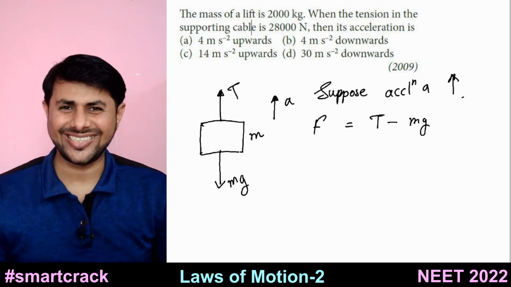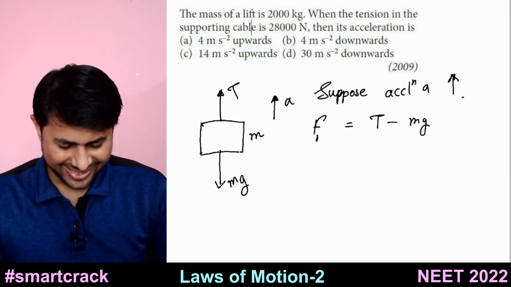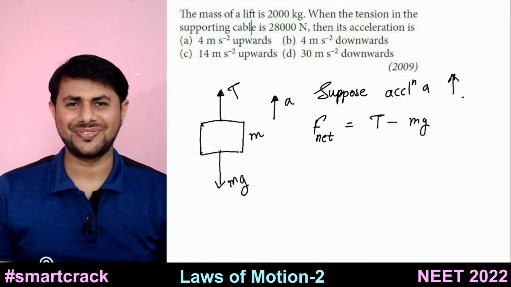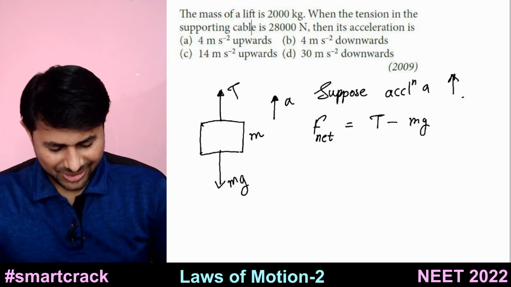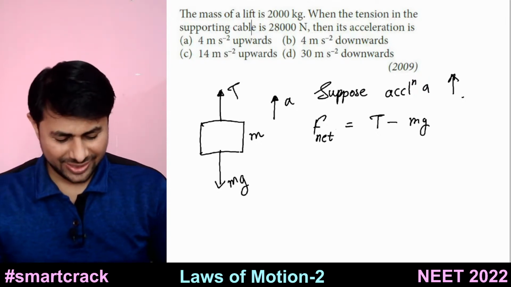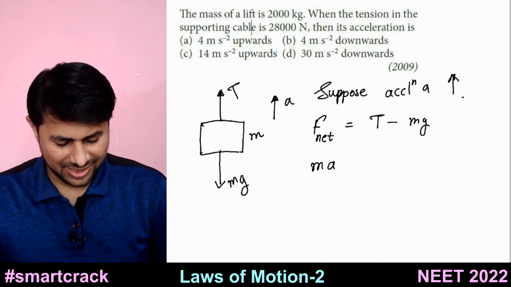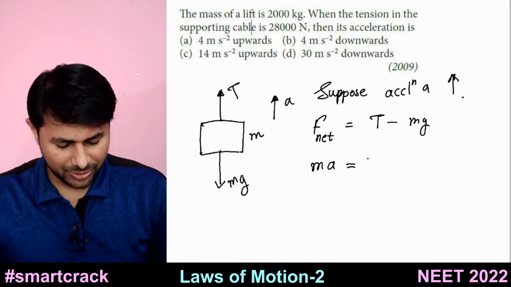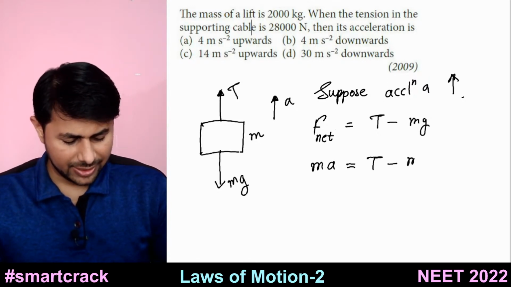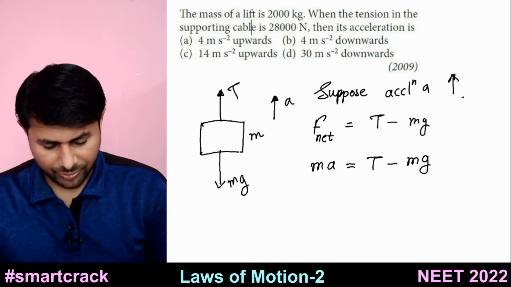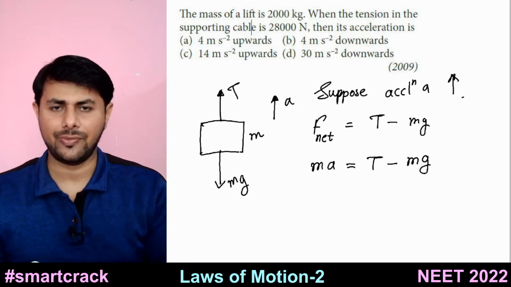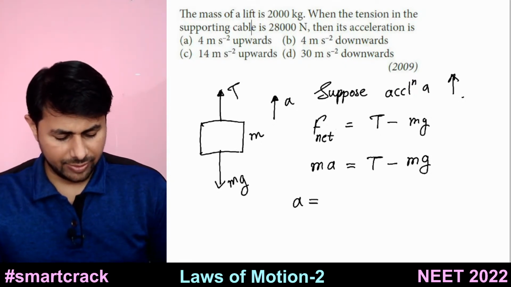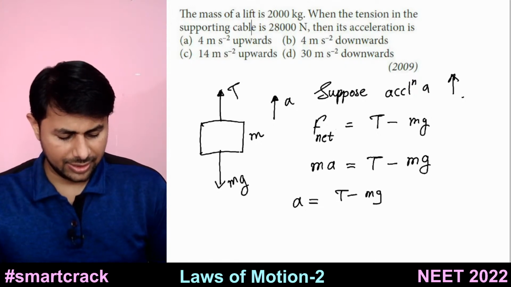Okay, ENT surgeons, you are going to be doctors, right? So NET. Okay, so net force is upwards, m times a is the net upwards force, and it is tension minus mg. We are asked what the acceleration will be, so we can take m on the other side, so a is equal to (T minus mg) divided by m.